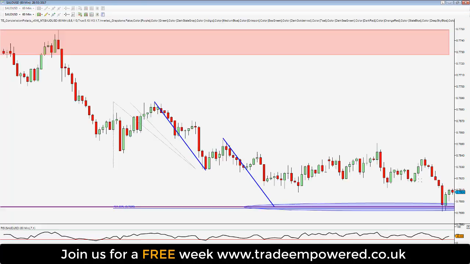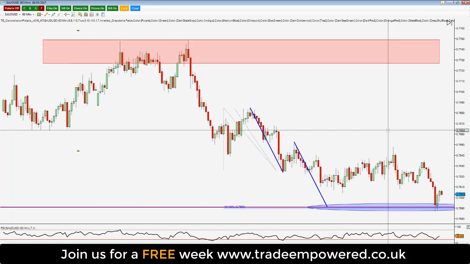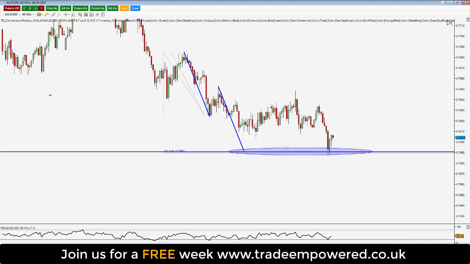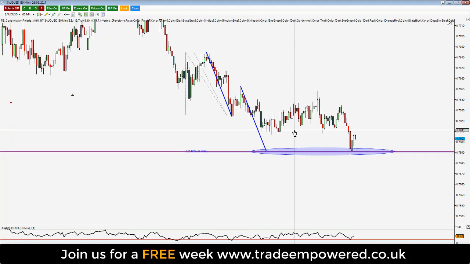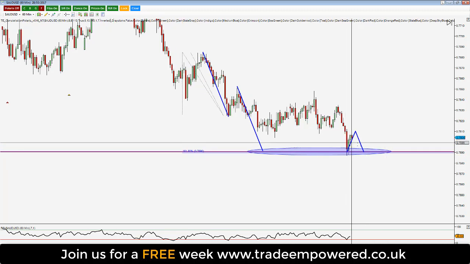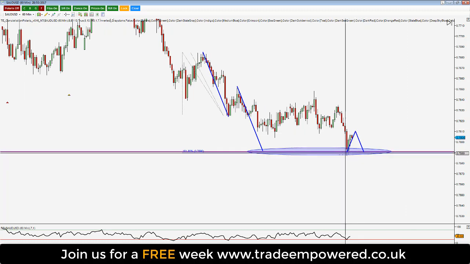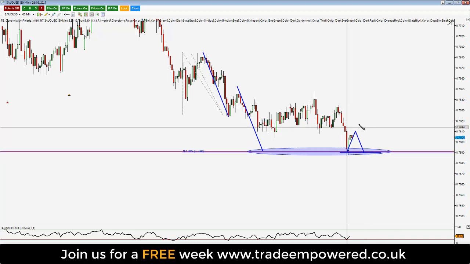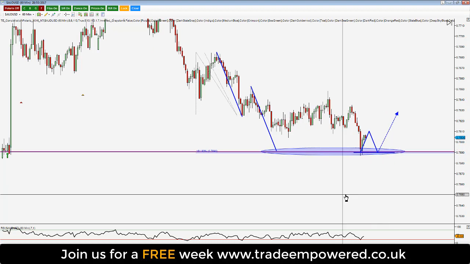Dropping back down to the trading time frame, the aggressive counter trend trader will just enter at this level. If you're a bit more conservative, you'd be looking for a retest of these lows, then a valid double bottom, and then you'd look to buy.